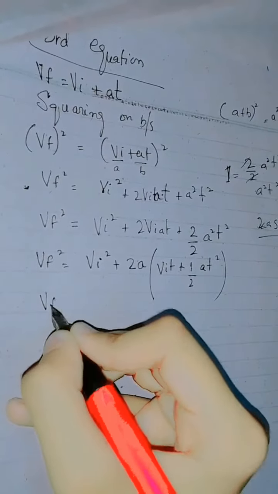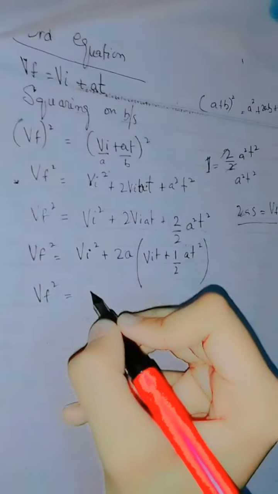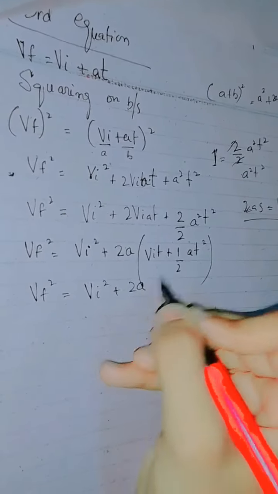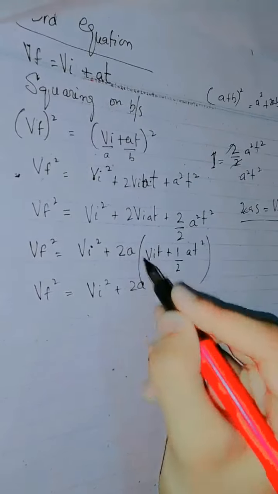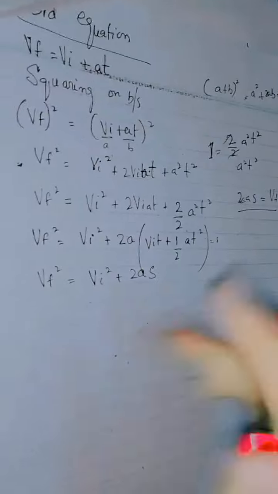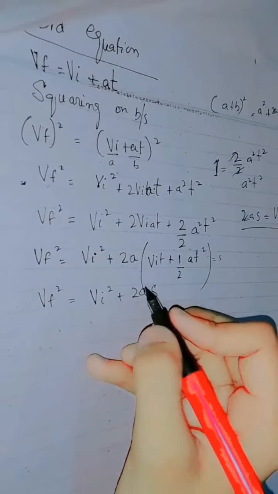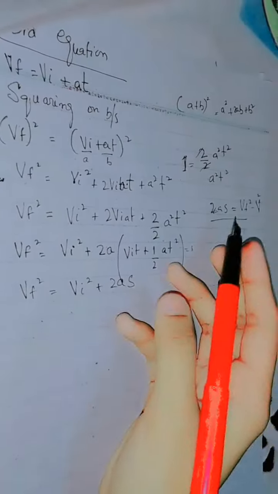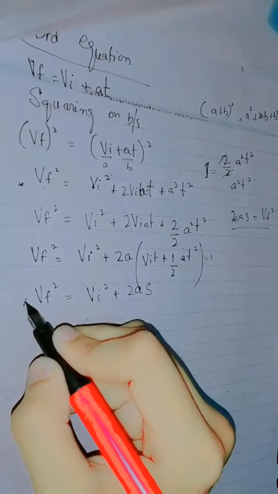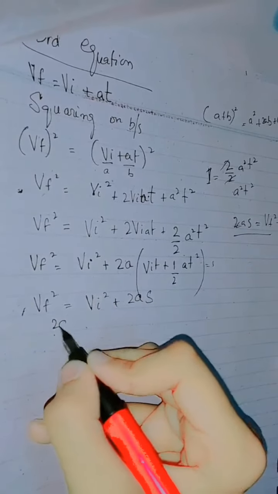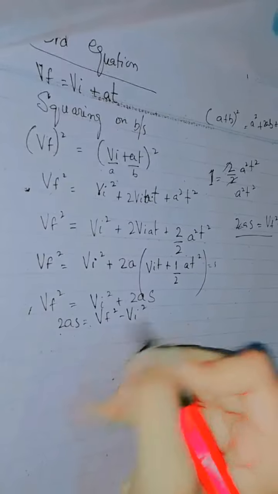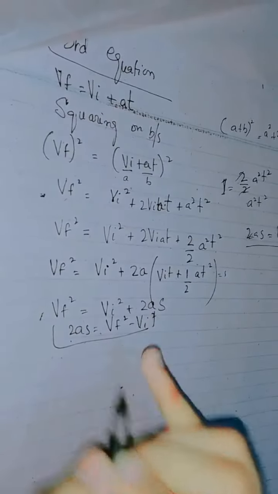So now Vf square is equal to Vi square plus 2A, and instead of all this I can write S. Now for making this equation, Vi is plus here, so there it will be subtracting. It will be 2As is equal to Vf square minus Vi square. So we have proved this equation as well.